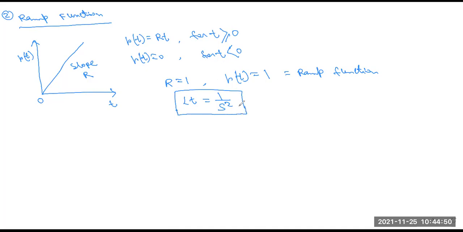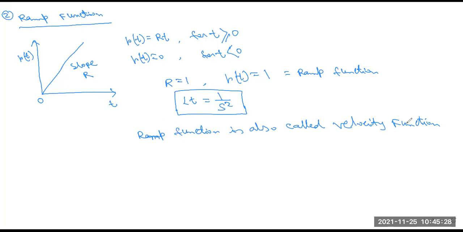For a ramp input in our time response analysis in control systems, the function is 1 by s square. And this ramp function is also called the velocity function. So please remember these things also.